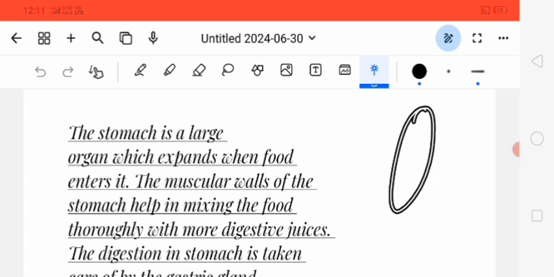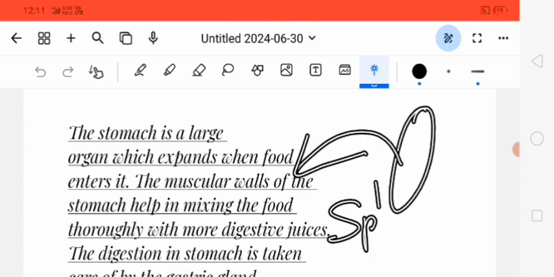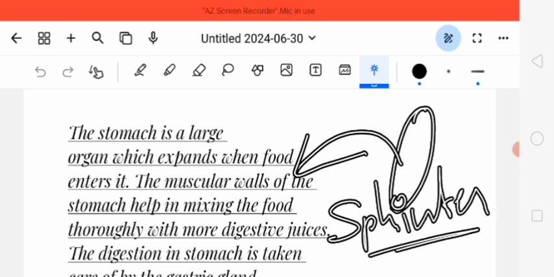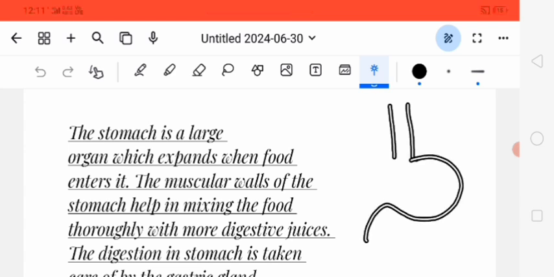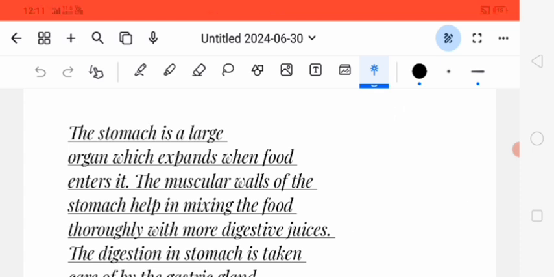That person in our digestive system is the sphincter. And the sphincter has particular names, like if the sphincter is present between the esophagus and the stomach, we call that the cardioesophageal sphincter.